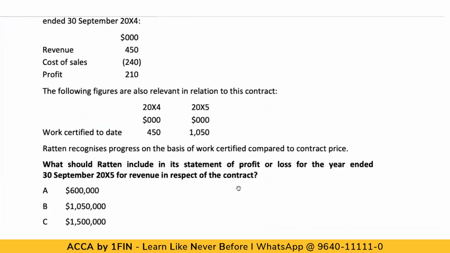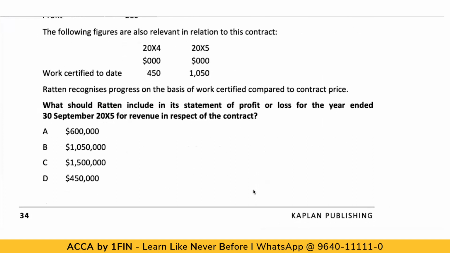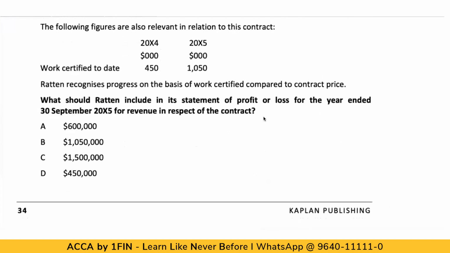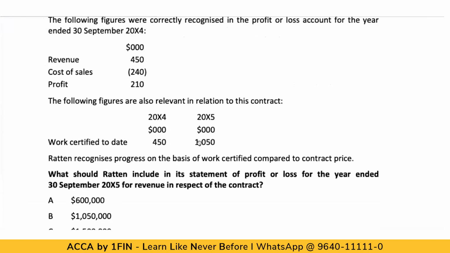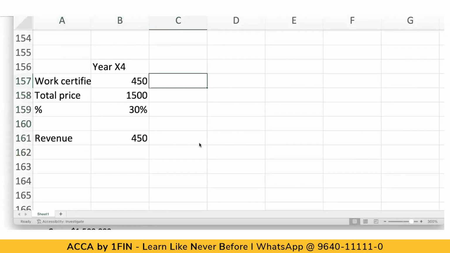Now, the question is, how much should be the revenue that should be included in the P&L for year 5? Now, please remember, 1050 is the total work certified. So, in year 5, work certified is 1050, total price is 1500, percentage completion is 70%, cumulative revenue should be 1050.